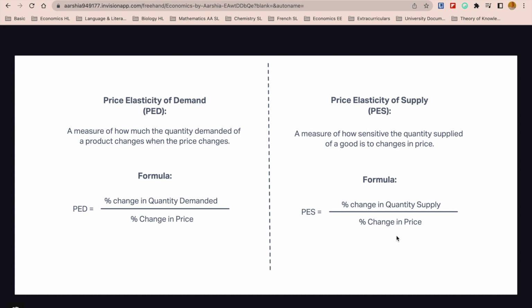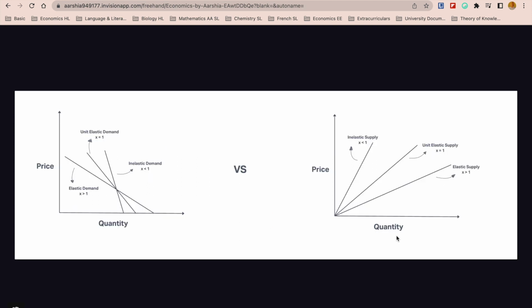Now, let me show you what a graph would look like based on the PED and PES of a respective product. So let's look at the demand curves. If the demand for your product is more elastic, then your PED value would be more than 0 but less than 1. And this would give you a more elastic demand curve, a slightly more slanted demand curve.